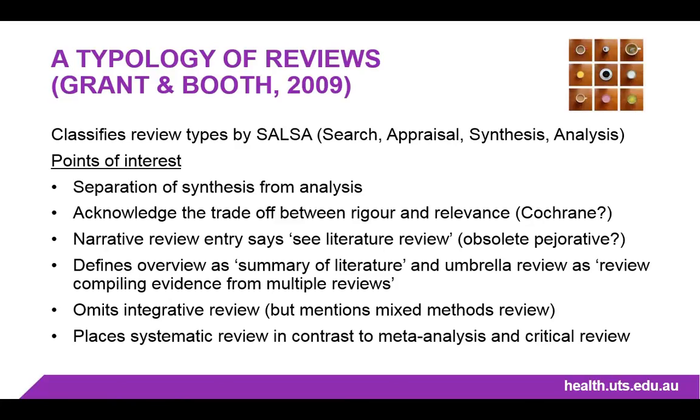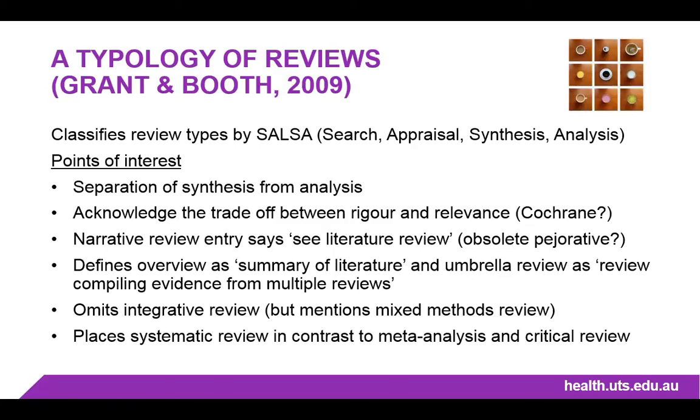Now, many of you may have heard in the past this term narrative review used as something of a pejorative, you know, oh, it was only a narrative review, that's not a very good thing. I think actually that the field's moved on from that, and what you're seeing now is systematic reviews with a narrative synthesis. And a narrative synthesis is just a synthesis when you can't do a meta-analysis.